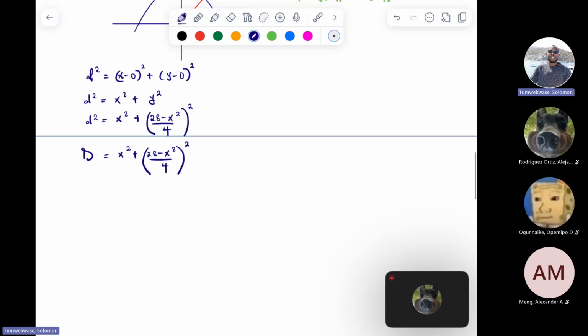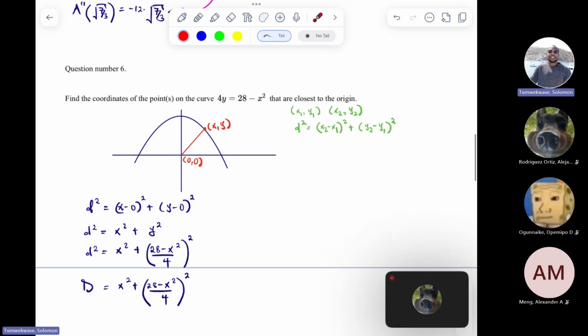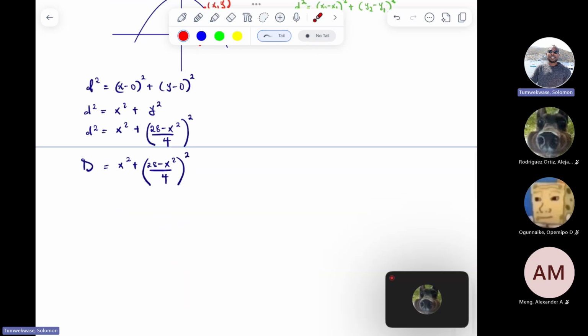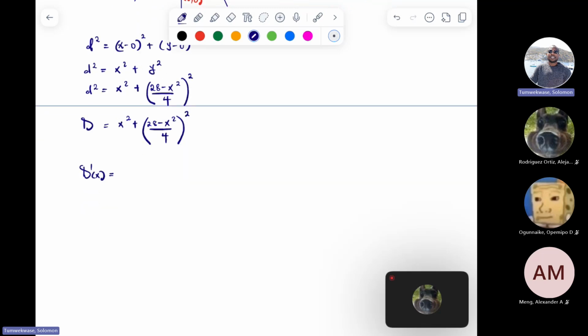So now I have a function, and I'm interested in the closest or the shortest distance. So I'm interested in minimizing this guy here, okay? So once again, this is a function of x, so I can differentiate it with respect to x.